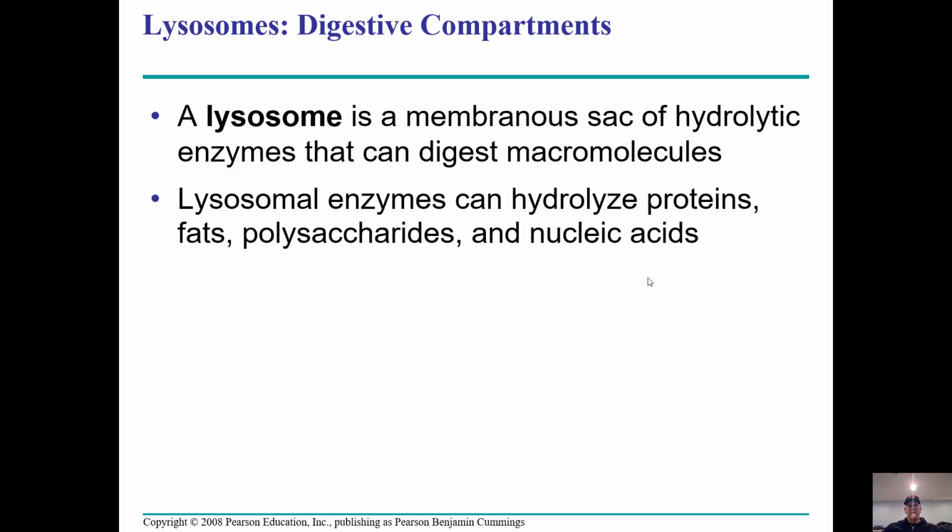So these hydrolytic enzymes, what they do is they can take macromolecules like proteins, starches, and other types of large biomolecules and break them down into their component parts like amino acids, monosaccharides, mononucleotides, fatty acids, and so forth.